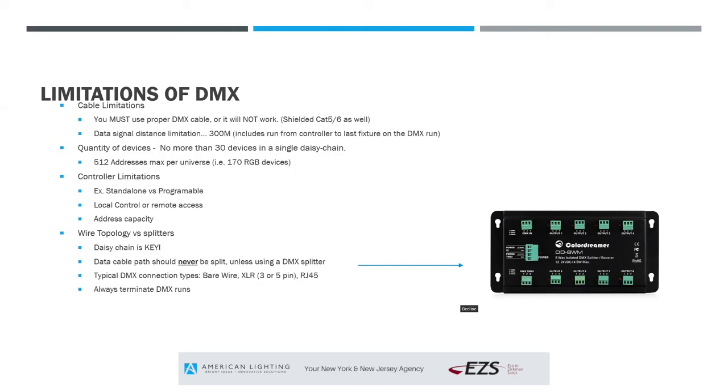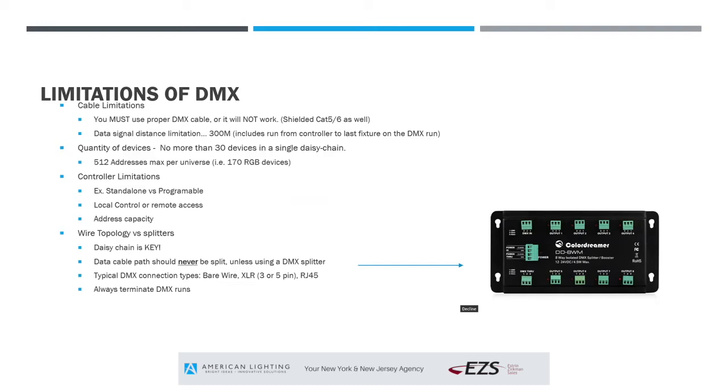There's also generally a limitation on the fixtures as far as how many fixtures you might be able to run based on your amperage load. So you have to consider that as well. You may be able to run more fixtures on DMX than you can on your power. So the number of devices you can run on a DMX run is 30. That's standard across the board, 30 fixtures, 30 devices.